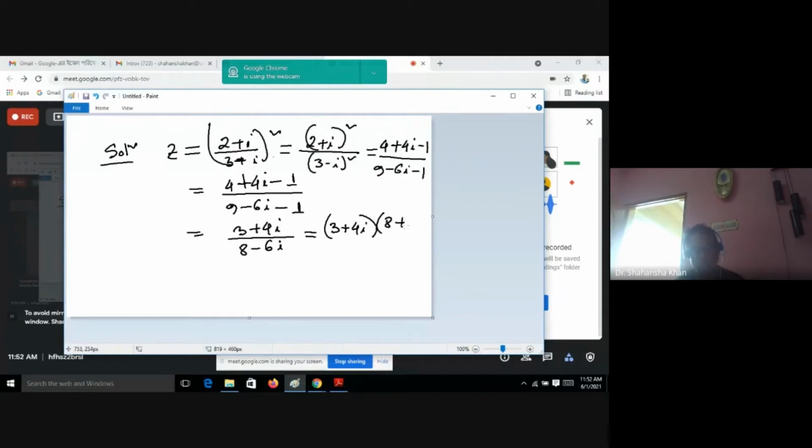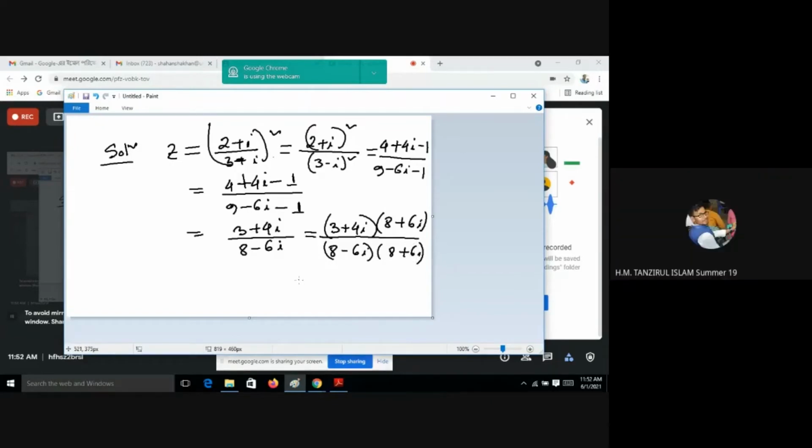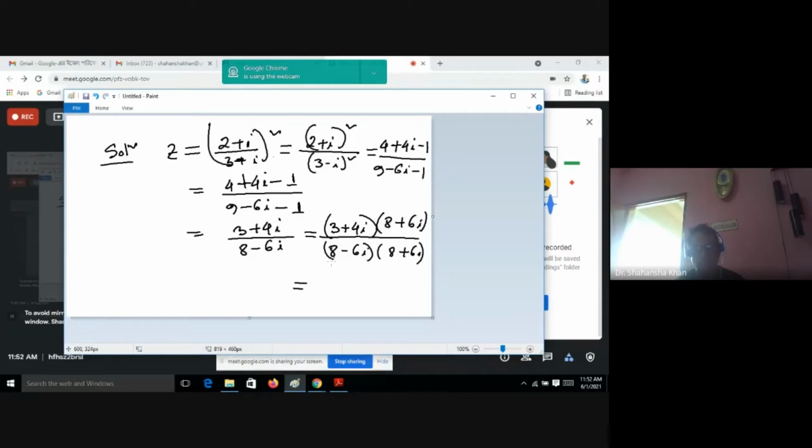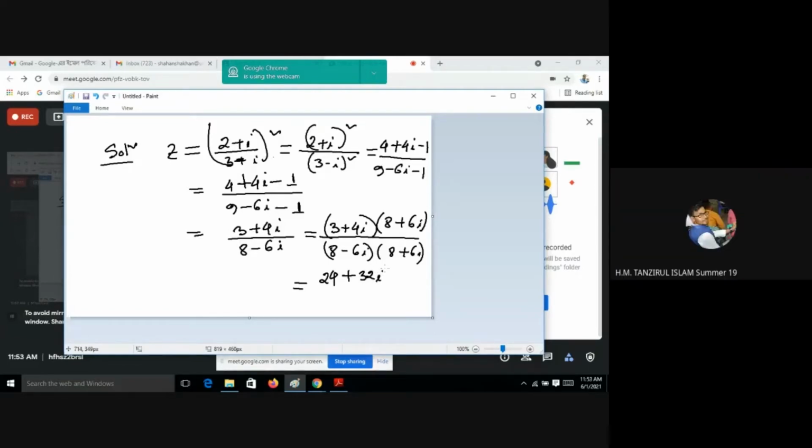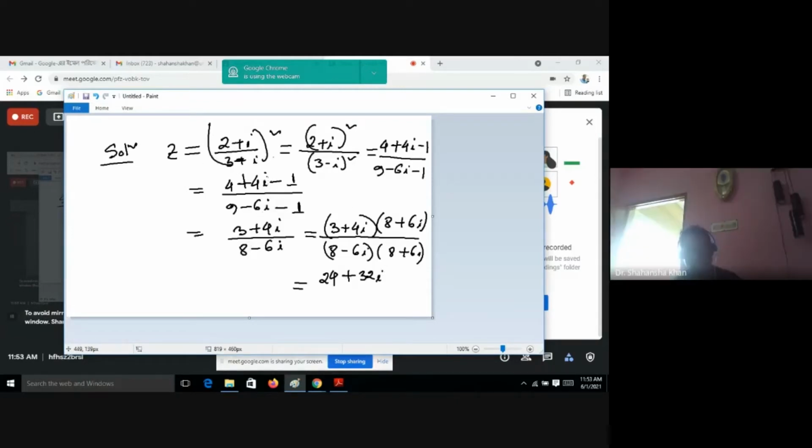So we multiply by 8 plus 6i in both the numerator and the denominator. The numerator gives 24i plus 32i plus 18i minus 24.